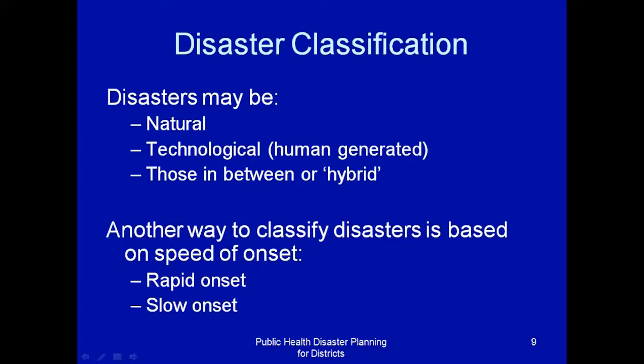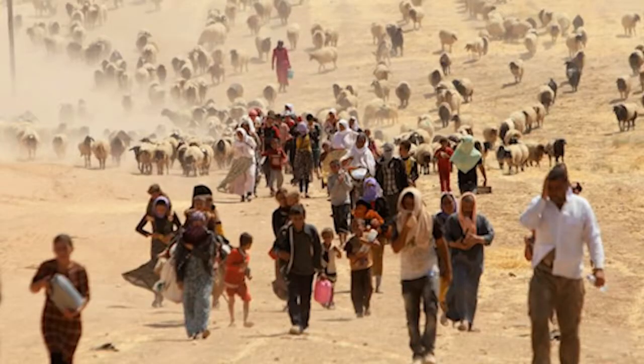And some of these disasters lie between the natural and the technological. These are called hybrid. When you talk of hybrid, for example, people are fighting and running away from their country, so they are displaced.